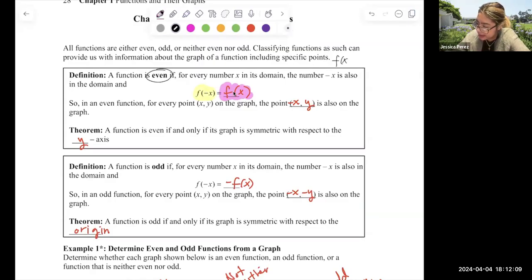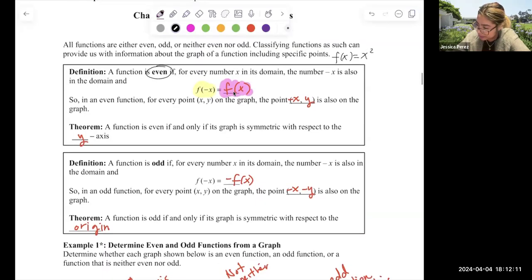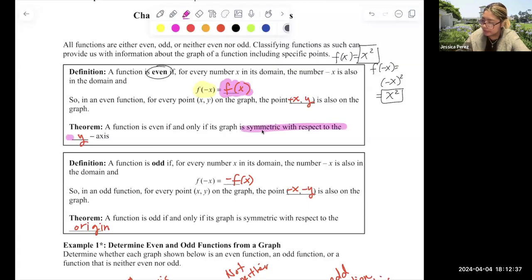So f of x, let's say that's x squared. F of negative x is negative x squared, but this is x squared. Okay, so we get the same thing, meaning that x squared is an even function. A quadratic function is an even function. So when we have the point (x, y), the point (negative x, y) is also on the graph, and it's symmetric towards the y-axis. That's important.